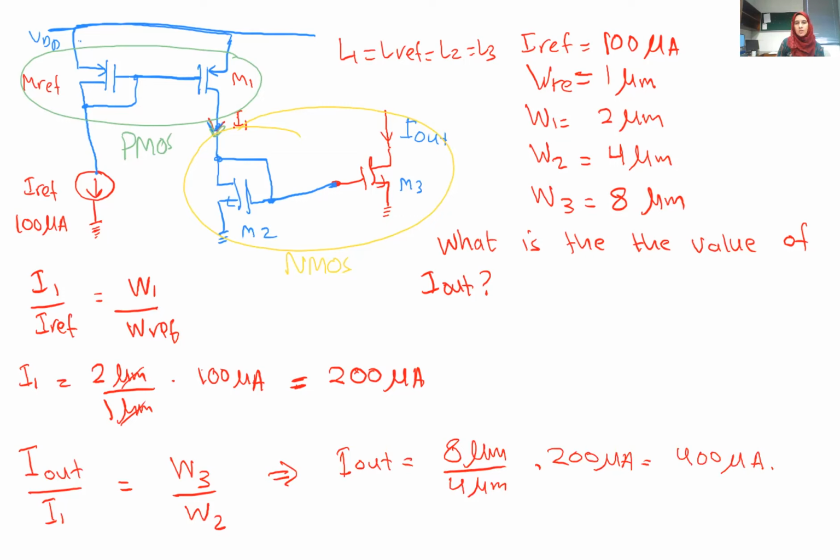So regarding this current mirror, what do you need to know? You need to know how to find the currents at any particular location in the circuit. And also if I ask you to draw from this certain point, from the IREF side till I out, how to form the current mirror with this value, then you need to be able to design it as well.